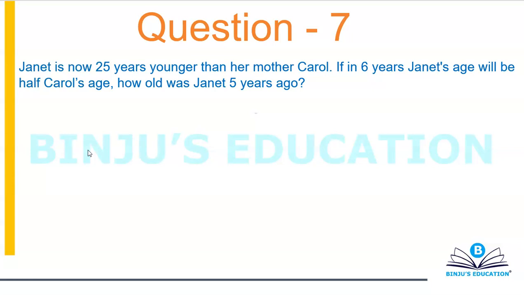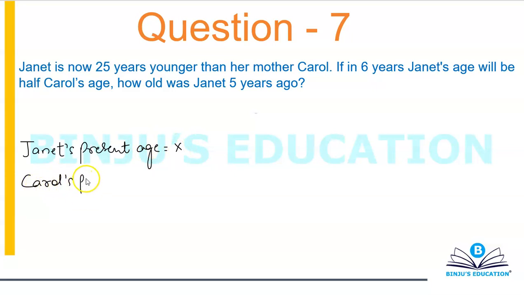Alright, so we need to introduce some variables, otherwise we can't solve this question. So what should we do? Let's take Janet's present age to be x.